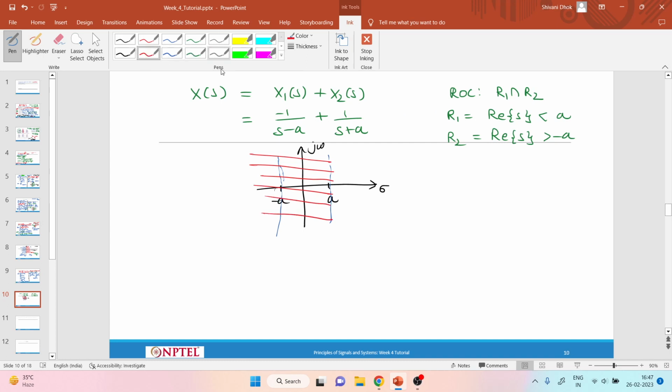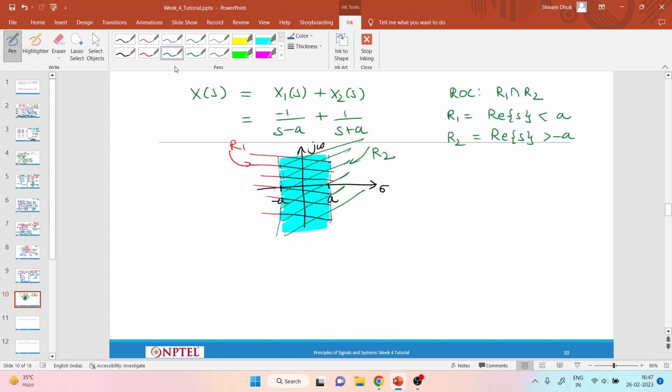And this is my R1, and my R2 is the real part of s greater than minus a, which is something like this. The region of convergence for X(s) is simply the intersection, that is the overlapping part, which I am shading with this color.